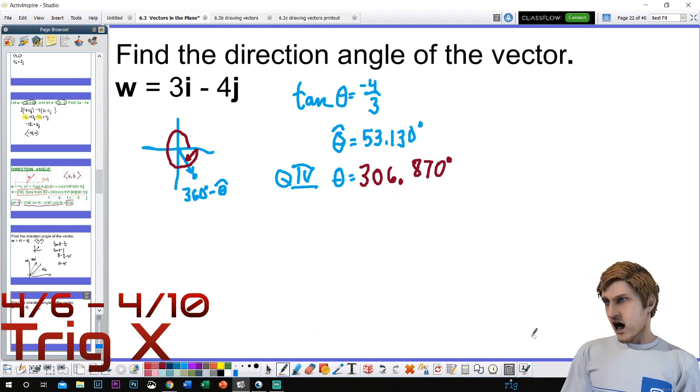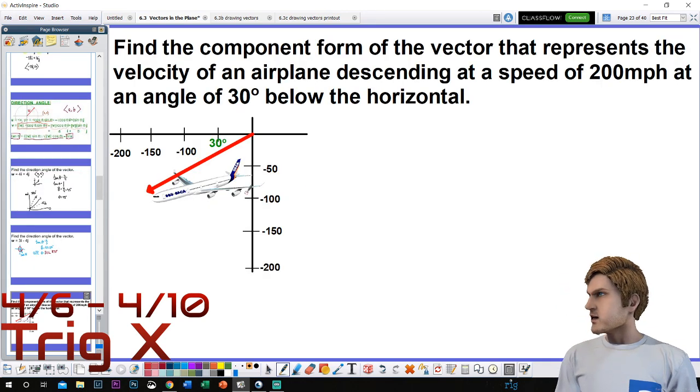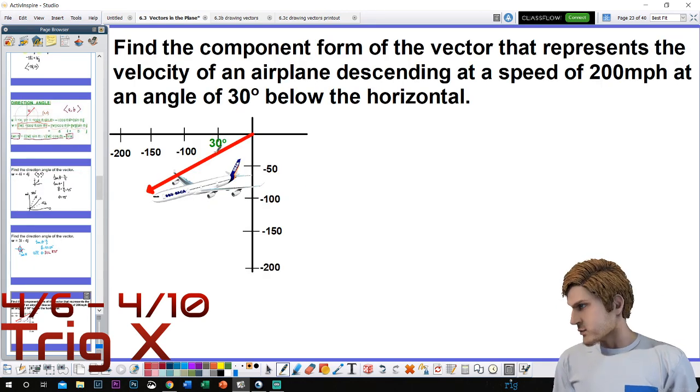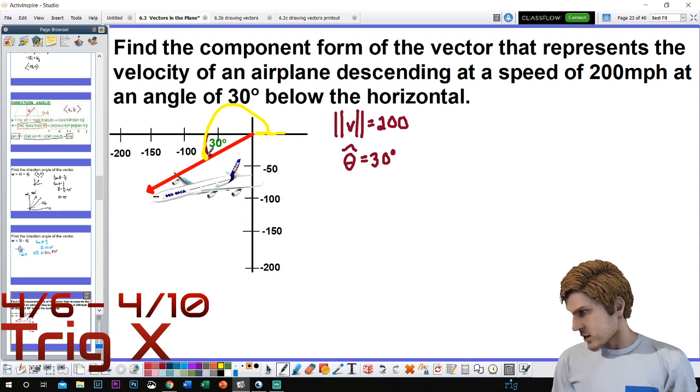Alright, next, let's go to the next slide. Now I have an airplane. It's going at a rate of 200 miles per hour, so the magnitude of this is 200. That's my speed. The reference angle is measured to the x-axis. But if I want to know the true trig angle, I have to start here at the initial line and go all the way around. So this would be 30 plus 90 plus 90.